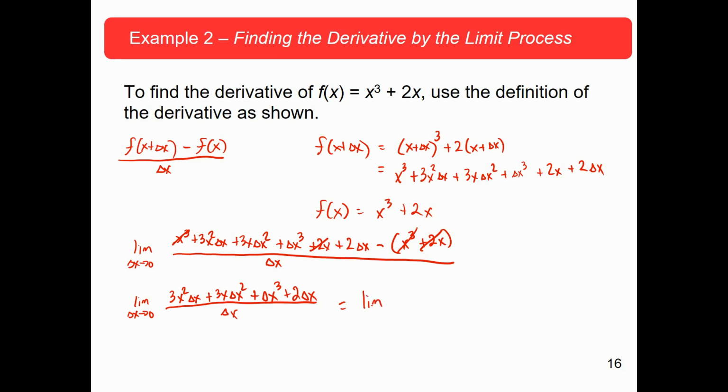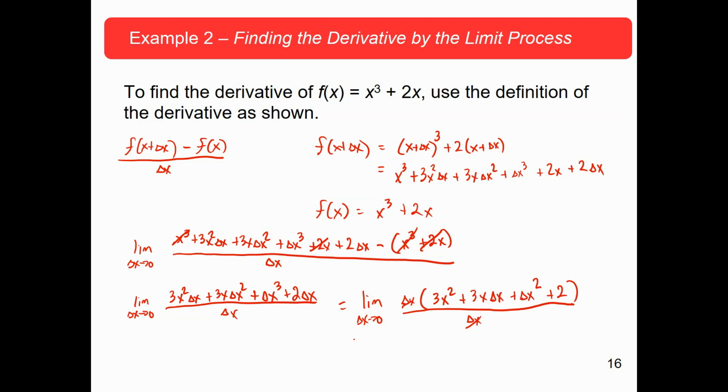That leaves us with the limit as delta x approaches 0 of delta x times (3x squared plus 3x delta x plus delta x squared plus 2) all over delta x, right? I just factored a delta x out of each one of those.